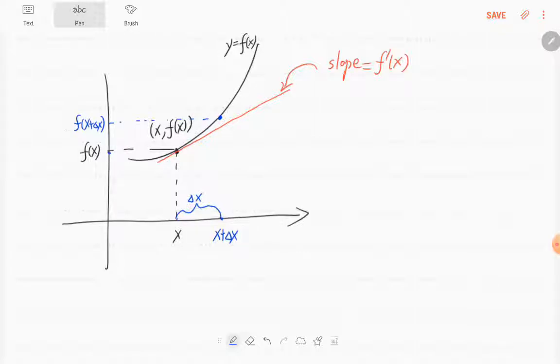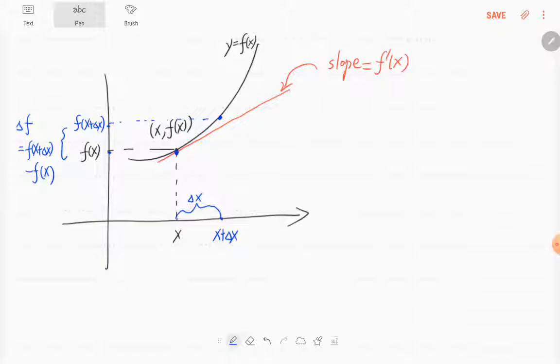So we denote this part by delta f, which is given by f of x plus delta x minus f of x. The difference between these two points is the y value change. But if we want to use this tangent line to approximate this y change, what's that?